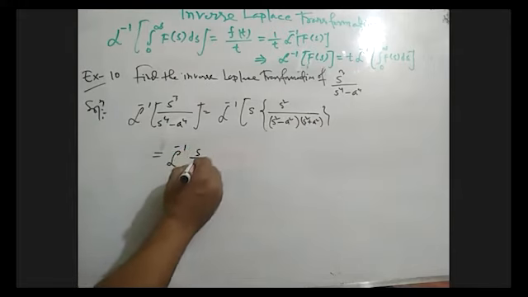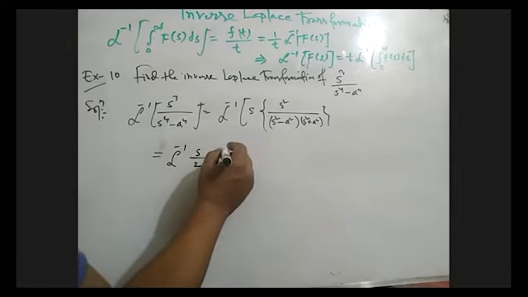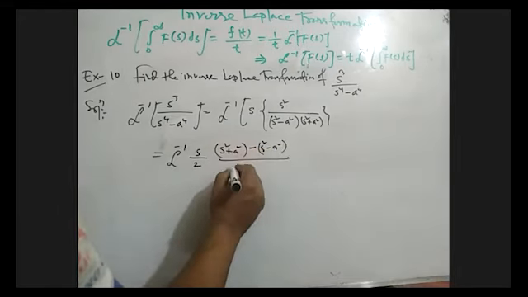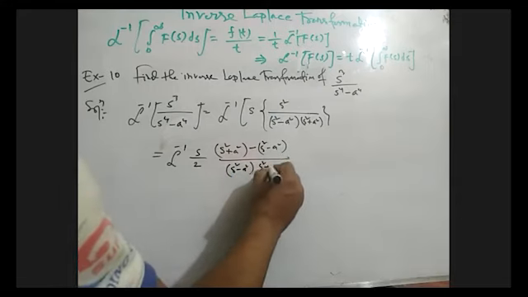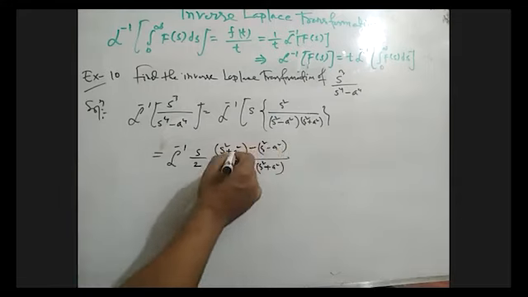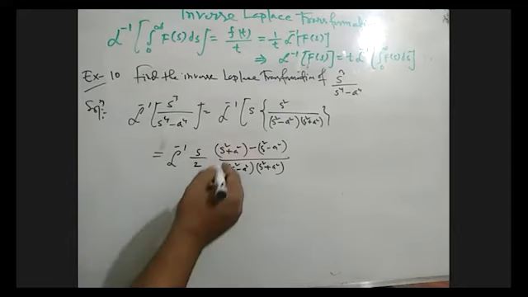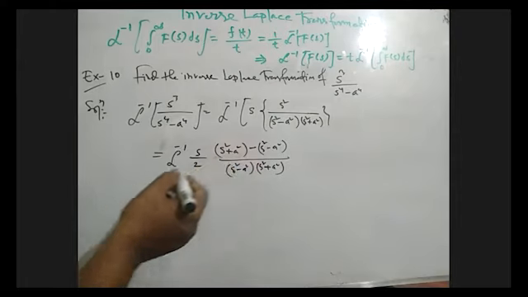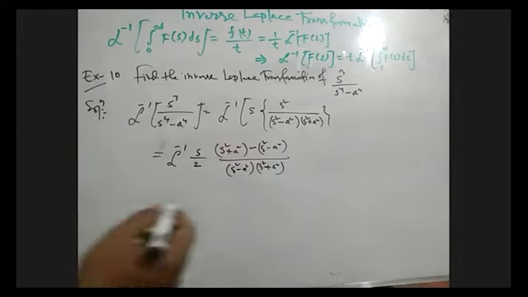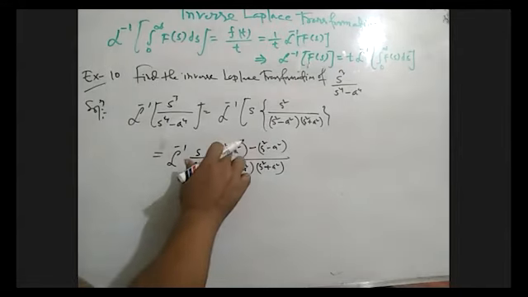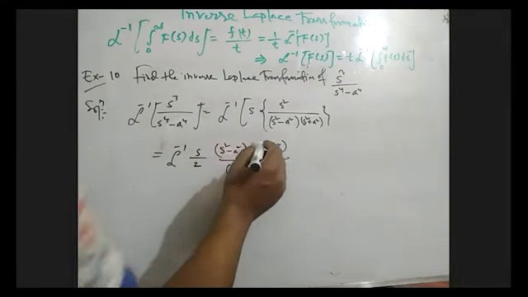So this can be written like this, s divided by 2 times, s square plus a square minus s square minus a square. Okay, my s square will be twice a square, sorry.